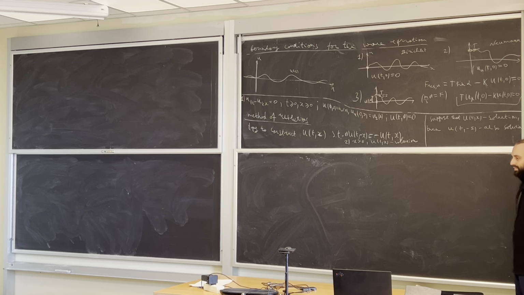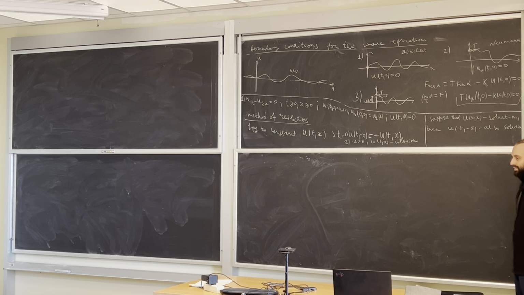On the right half line, write just u of t and x, which we have, because we are solving this equation on the half line.